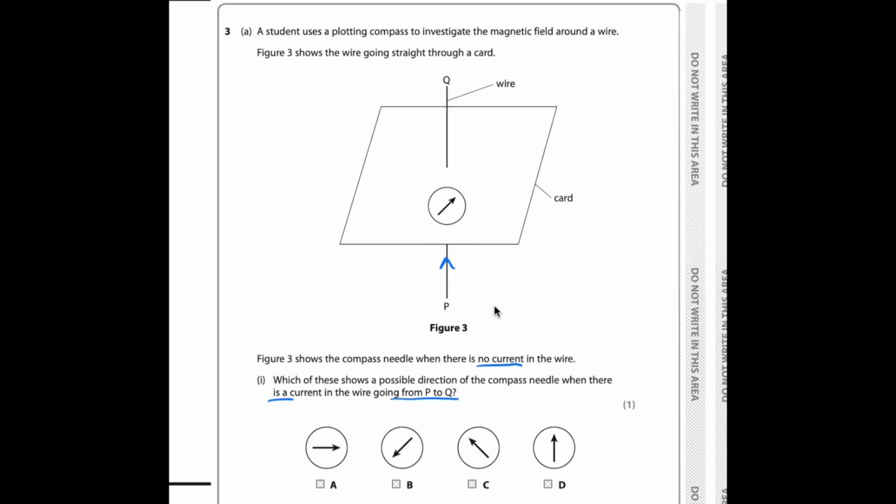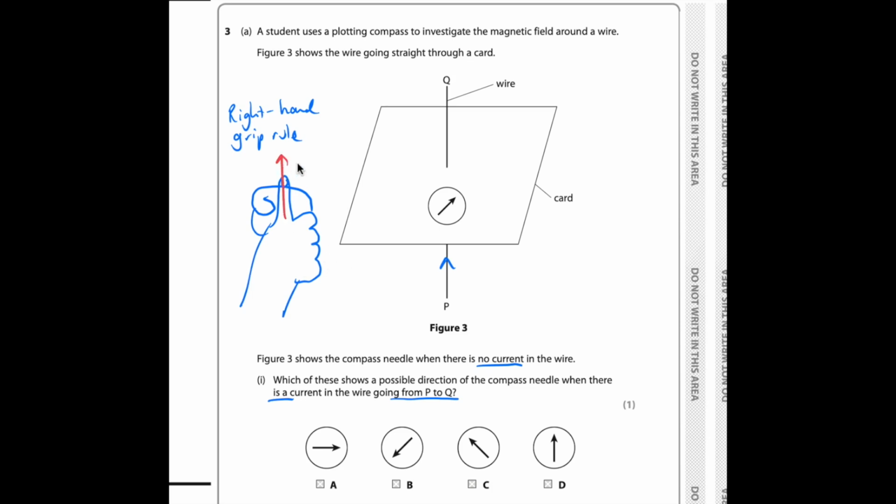Now, if we use the right hand grip rule, point your thumb upwards, which way the current's going, and your knuckles will sort of be like that, and your fingers will come curling round like that. This is a horrible picture. I'm useless at drawing, sorry.